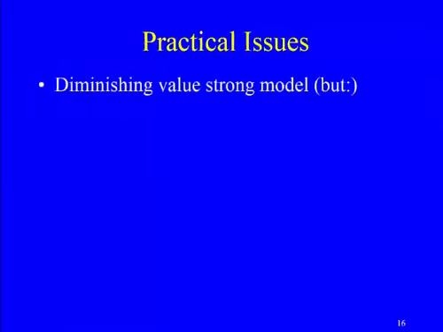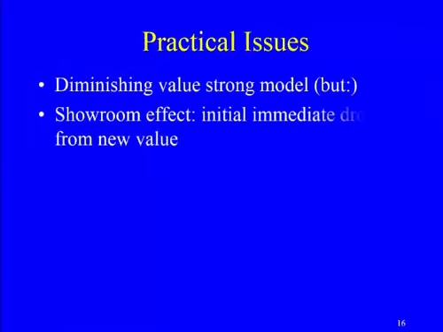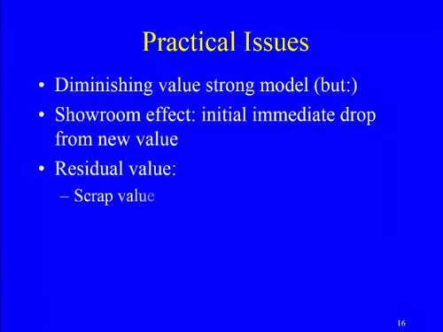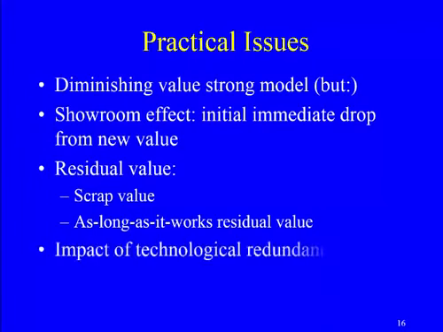Let's now look at some practical issues in this depreciation fitting process. First of all, we've noticed that diminishing value is a strong model. It tends to suit, at least conceptually, the behaviour of many assets. However, there are a couple of irregularities that tend to make its simple application a little bit inaccurate.